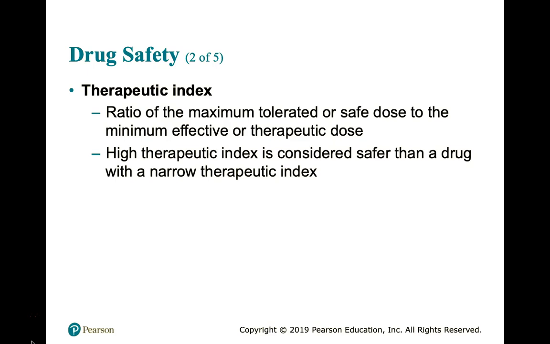If 25 micrograms per mil is the maximum tolerated safe dose and it's effective, then you want to use that dosage. But if you go too high, you can do serious damage to not only the normal microbiota, but also to organs. You can have organ issues, organ failure. We'll talk about that in a second.